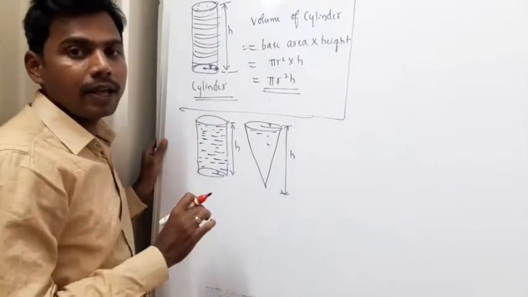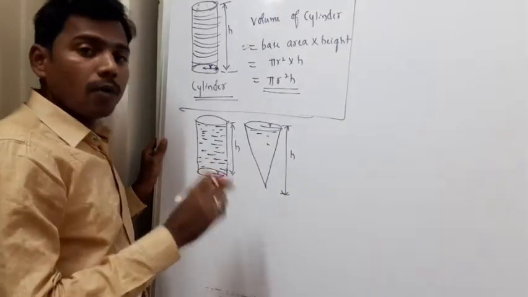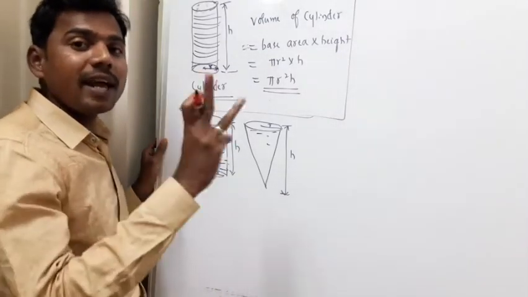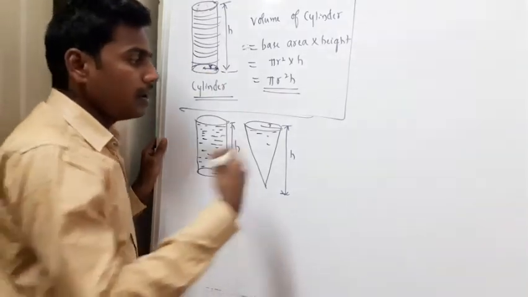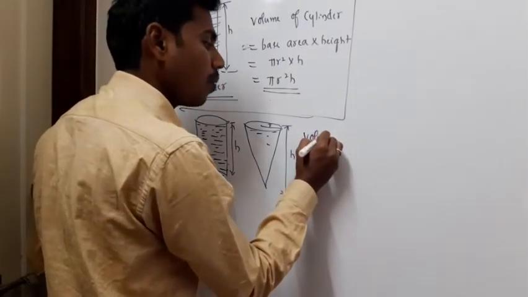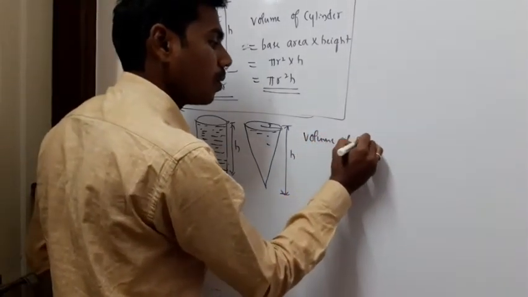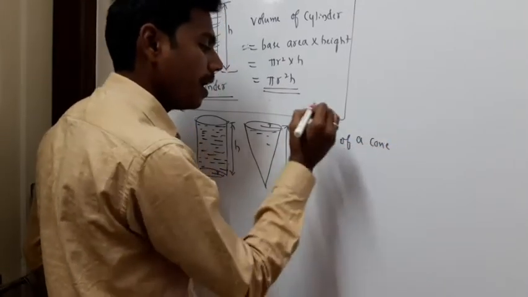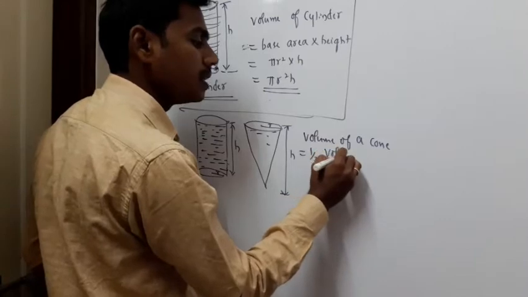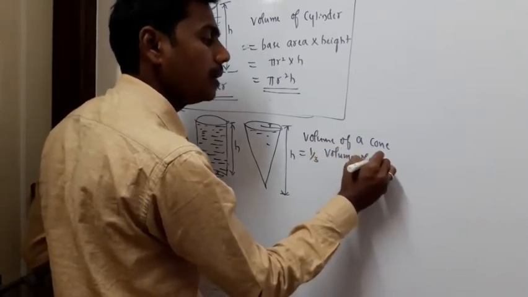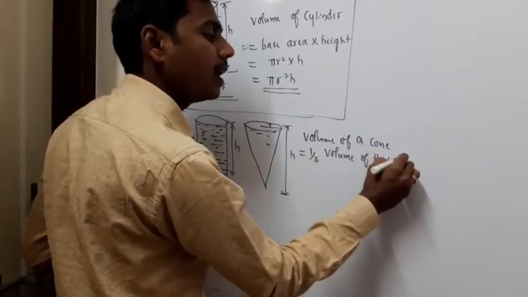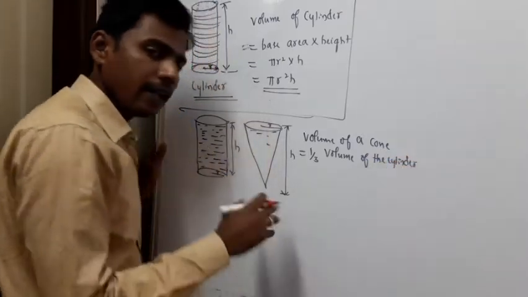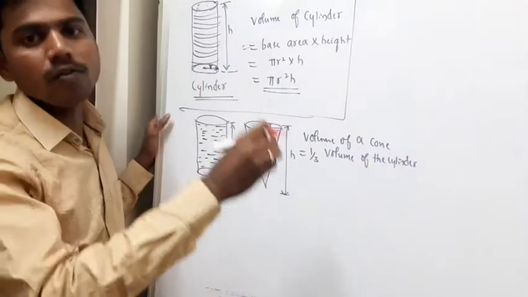What does it convey? The volume of a cylinder is 3 times the volume of a cone. Then the volume of a cone is one third of the volume of the cylinder. Through this activity we found the volume of a cone.